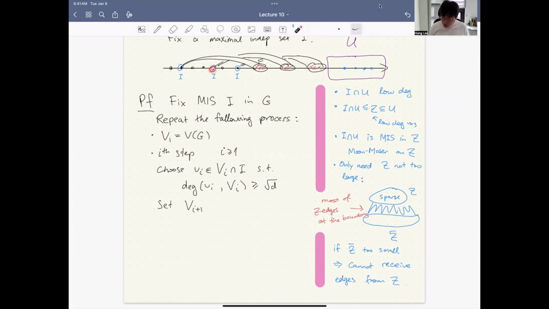So we're going to delete this vertex we choose and all its neighborhood from Vi to get Vi plus 1, which is Vi minus little vi and its neighborhood. Okay. We do so as long as we can remove vertices. This is the algorithm.